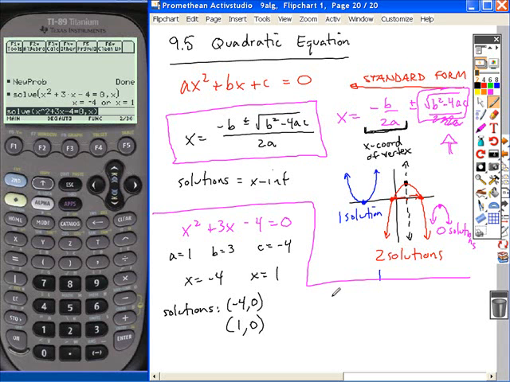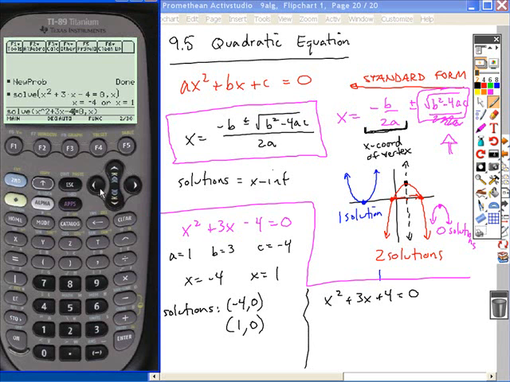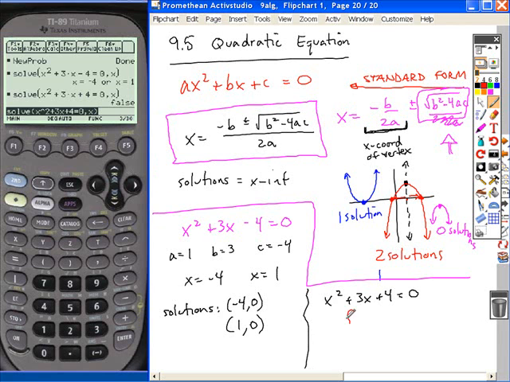All right, what if we took, instead of this, the equation x squared plus 3x plus 4 equals 0? Let's see if we solve this one. So the only difference now is there's a plus in between here. What happens when you try to solve this? It says false. And what does false mean in these respects? No solution. What that means is, first of all, is this graph going to open up or down?